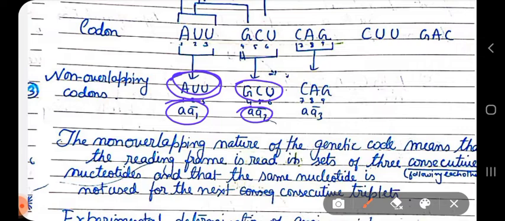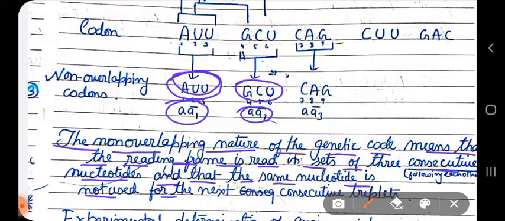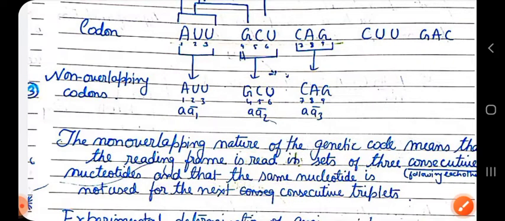So this non-overlapping nature of the genetic code means that the reading frame is read in sets of 3 consecutive nucleotides, and that the same nucleotide is not used for the next consecutive codons.